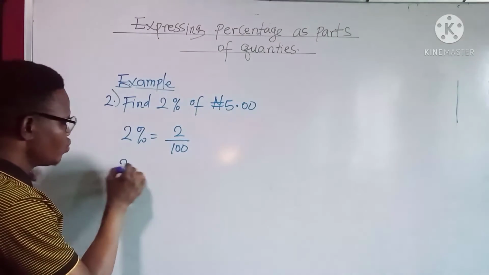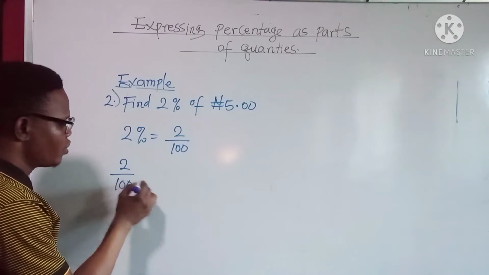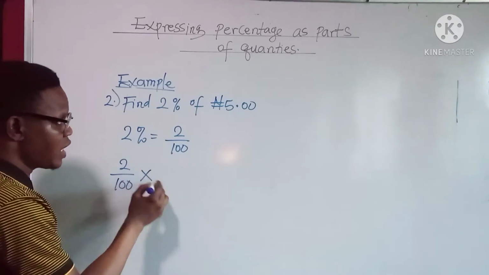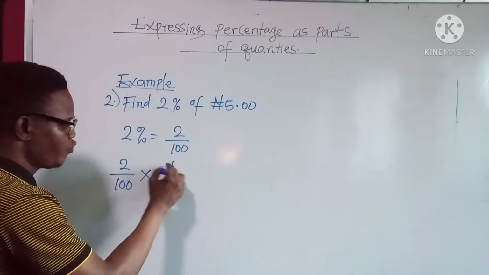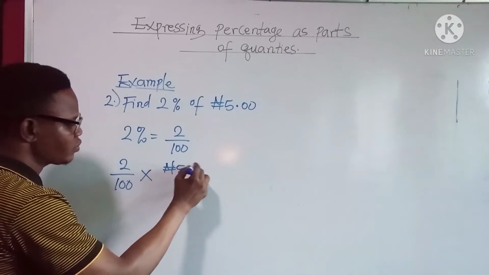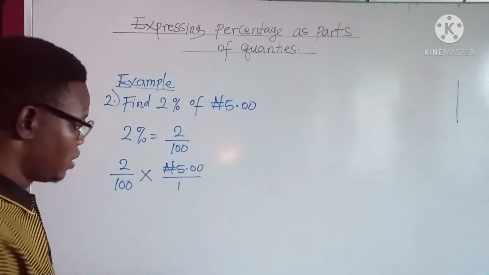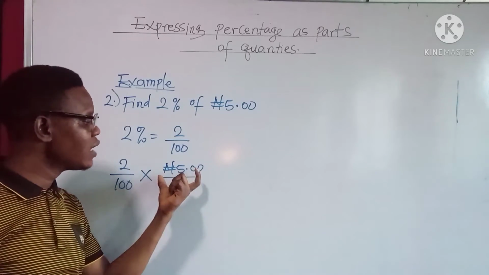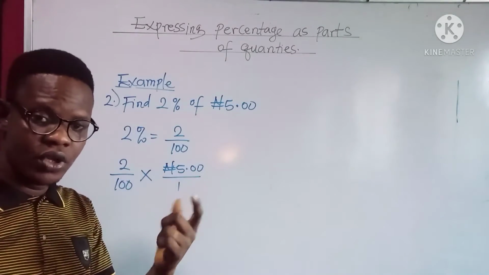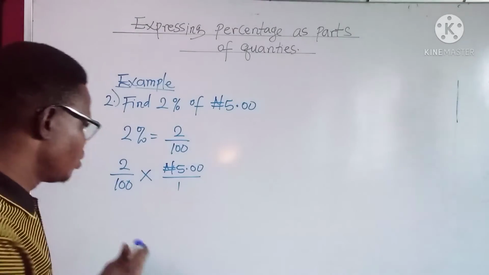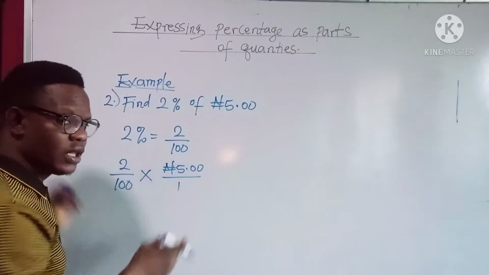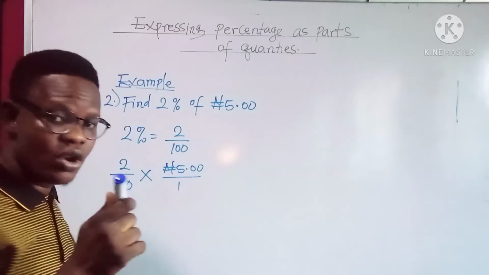So 2%, which is 2 over 100, of, which is times, 5 naira over 1. I will advise that you convert this naira to kobo for easy calculation. If you convert 5 naira to kobo, that gives us 500 kobo.